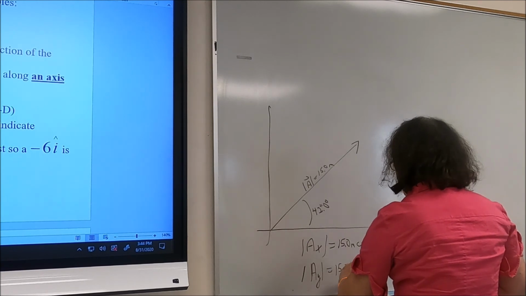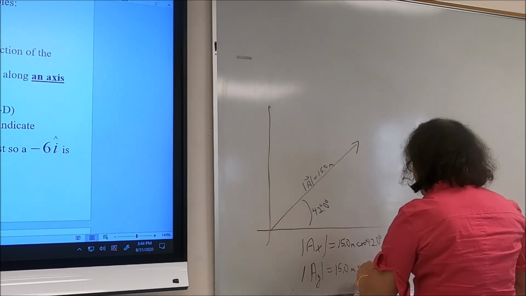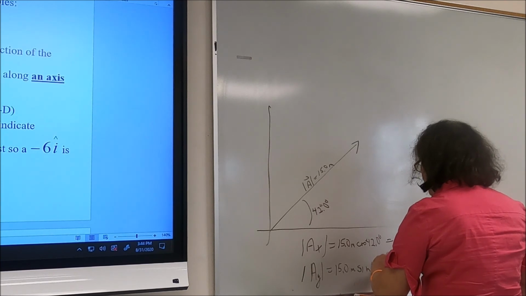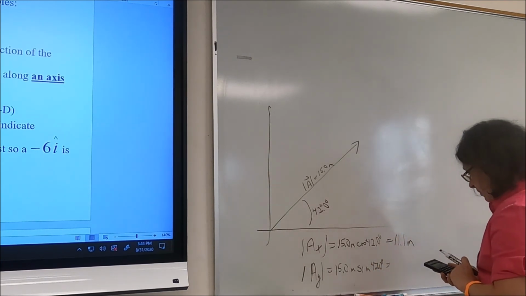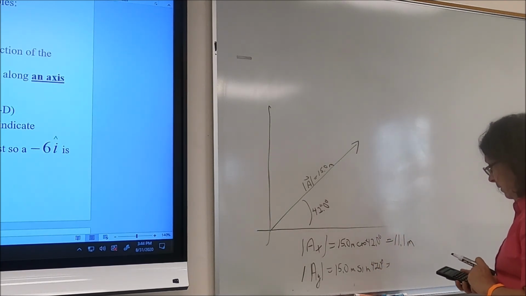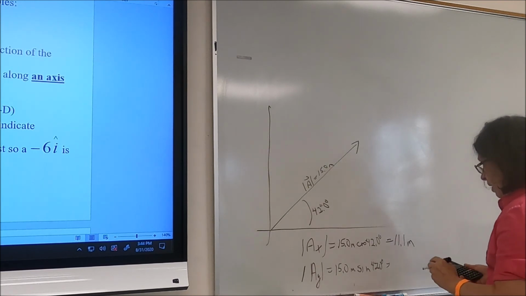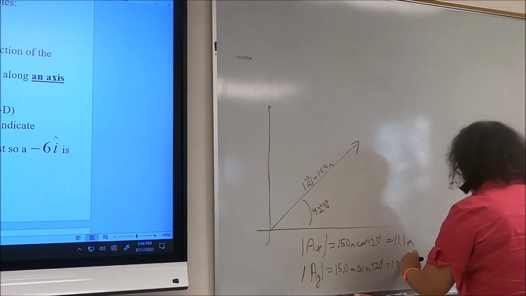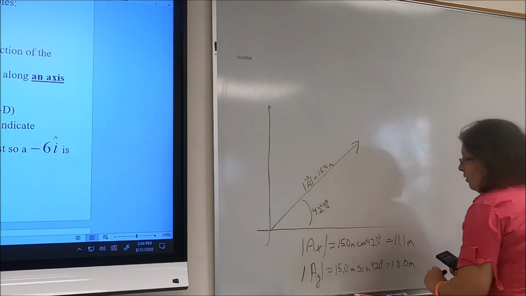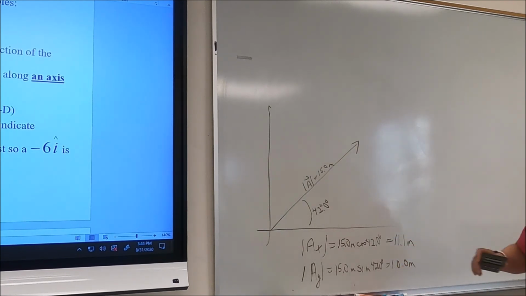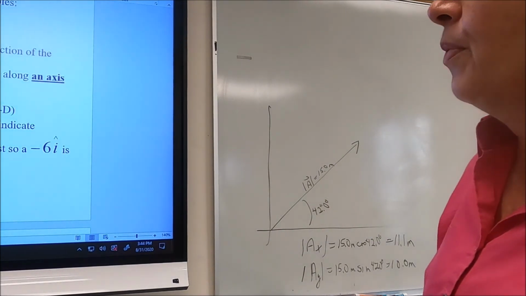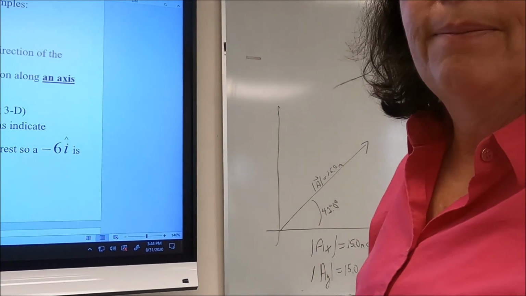AY is going to be 15 meters times sine 42.0 degrees, so I get 10.0 meters. AX, AY. So any vector you can divide up into x components and y components. Now I'm not going to bore you in a video doing multiples of those. I'm pretty sure you can catch on.